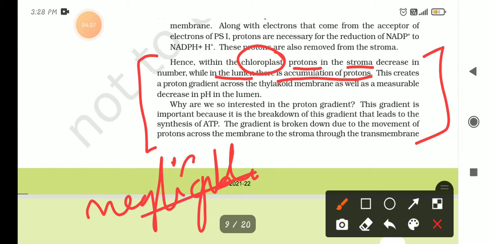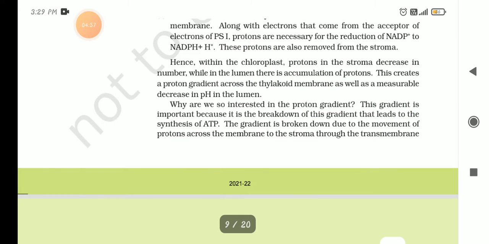So it makes a proton gradient across the thylakoid membrane, as well as a measurable decrease in the pH. Therefore, this gradient is very important because it is the breakdown of this gradient that leads to the synthesis of ATP.